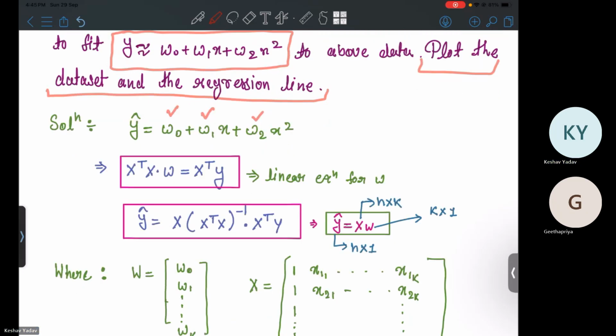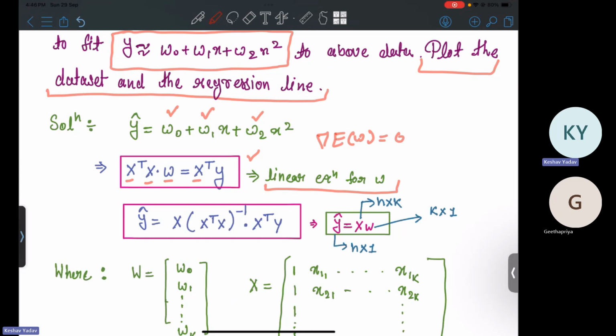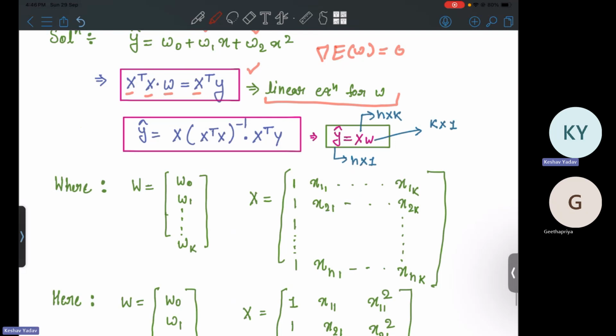We know that by setting the gradient of E, which is a function of W, equal to 0, we get the equation X transpose X W equal to X transpose multiplied by Y. Okay, this is the system of linear equations for W. And once we find W, Y hat will be equal to X multiplied by W. Here W will be from W0 to WK, and X will have K regressors and N rows.